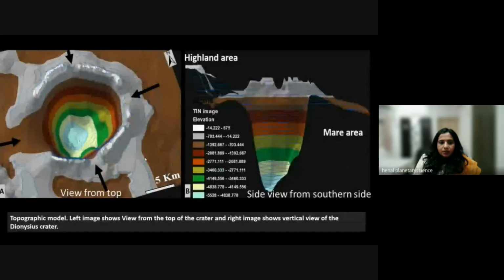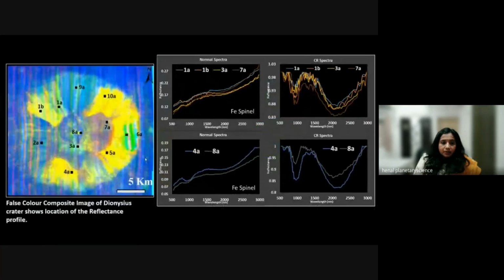You can see these black arrows show debris flow that came inside the crater, and it is presented here in blue color.